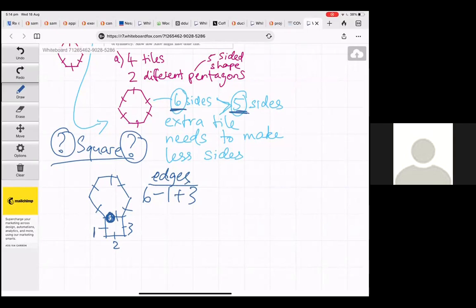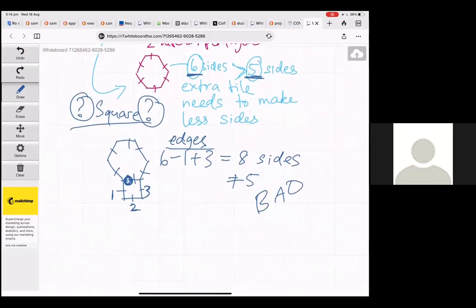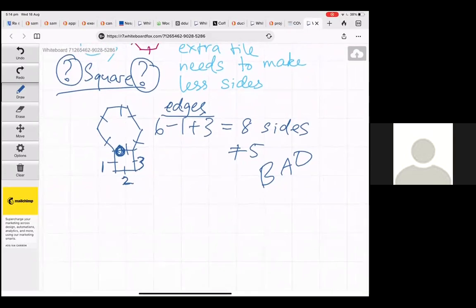And then we add 3 for the extra sides of the square that get glued on. And so that is 8 sides. And that's too big. That's not equal to 5, so that's bad. Bad.